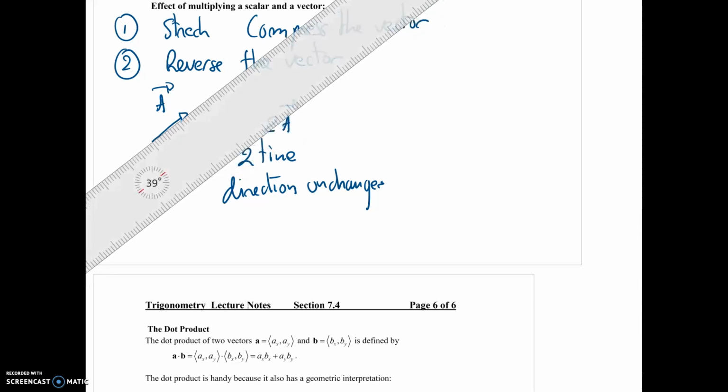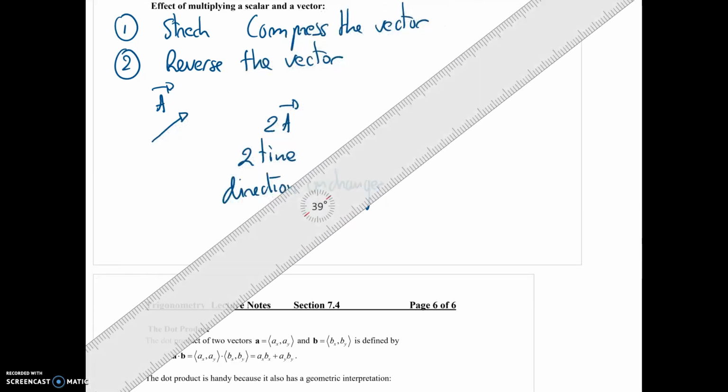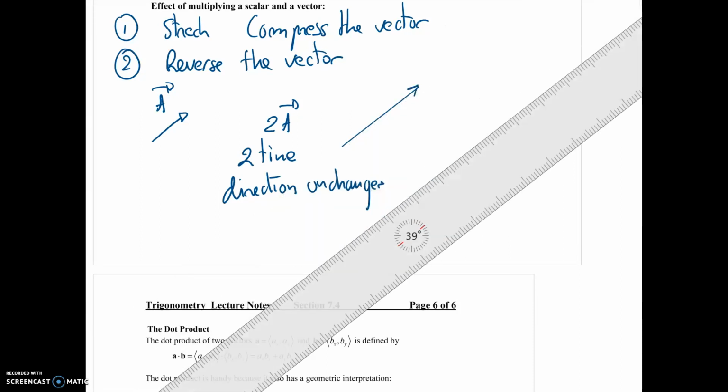Right there, I'm getting 1.5 inches. So now I'm going to graph 1.5 by 2, which is about 3. 1.5 and 1.5, 3. This is 2A.